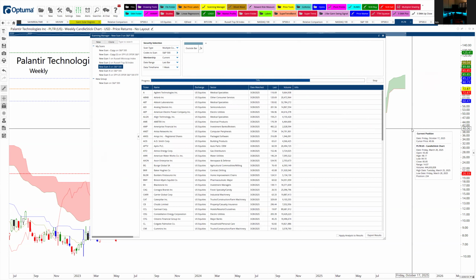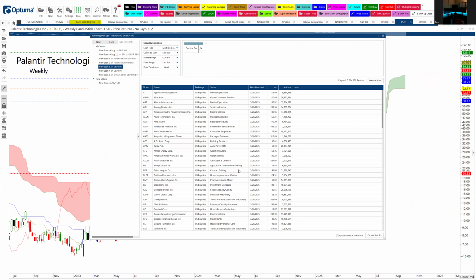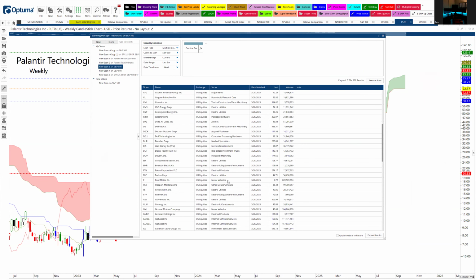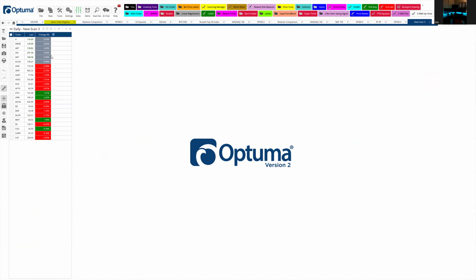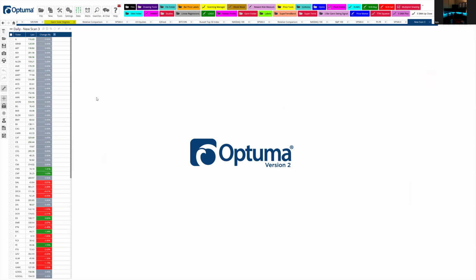Oh, jeez, 108 stocks. 108 stocks had made engulfing candles this week. Wow, that's a big number of stocks.